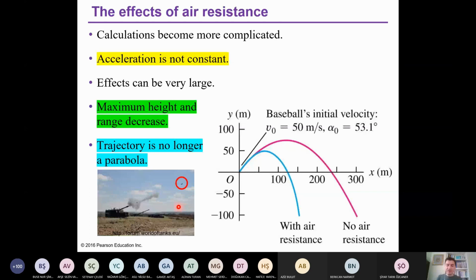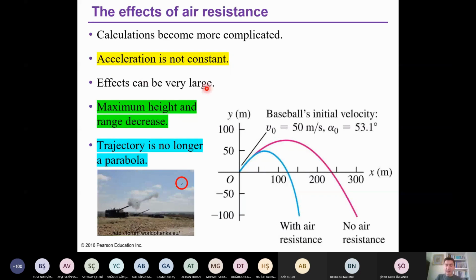And in your calculations, you have to include air resistance, okay? But then the calculations become more complicated. Acceleration will not be constant due to the air resistance, okay? If there is no air resistance, we have just acceleration due to gravity. But if we have air resistance, acceleration will be different and it will not be constant.